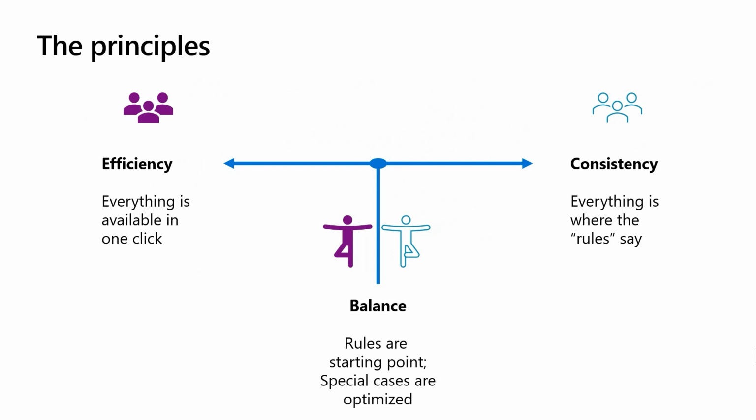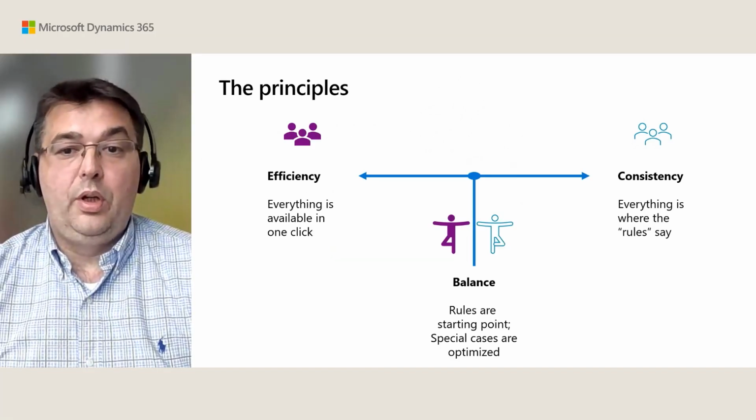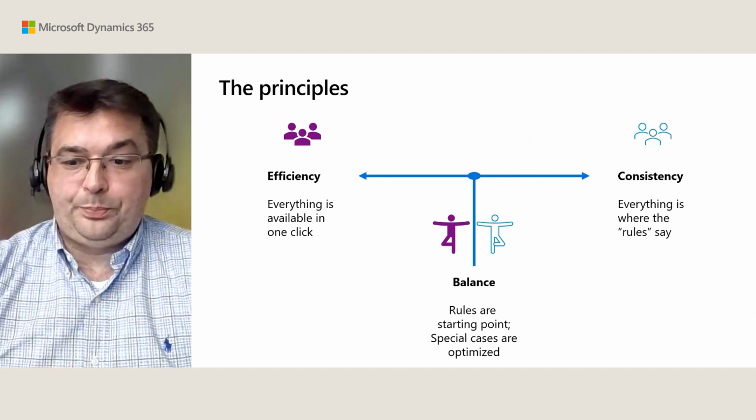Our job was to balance those opposing needs: on one hand, follow the rules as a starting point, the rules that will guarantee some consistency, but also allow for special cases to be optimized and informed by the telemetry that we collected on the action bar usage. In other words, we wanted to balance the needs of the novice and the proficient users while providing the tools for our consultants and professional developers to optimize the action bar.